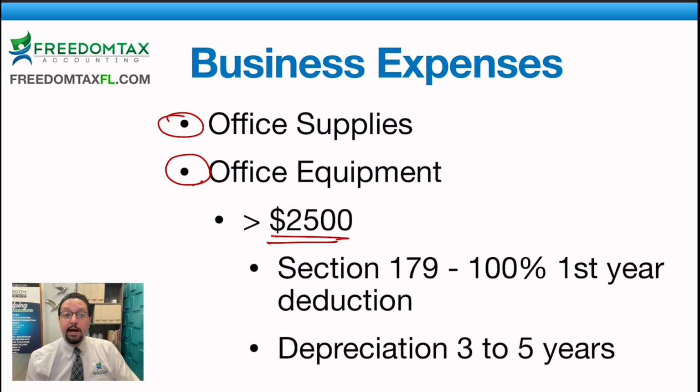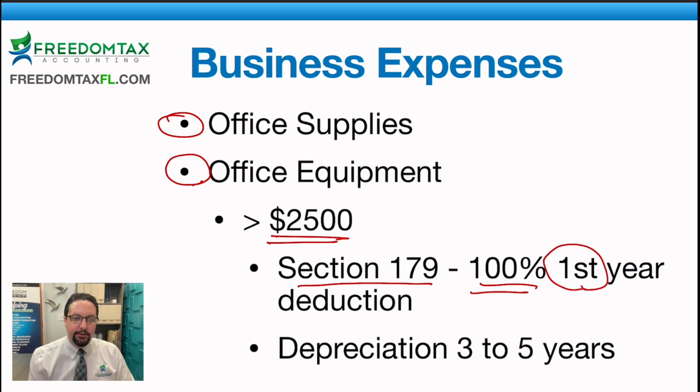For example, if you buy a new laptop that costs $3,000, or you buy a desk, or a printer, or a server, office equipment that's over $2,500, you cannot take the full tax deduction unless you use section 179 of the tax law, which allows you to deduct 100% of the office equipment, but you can only use that the first year.